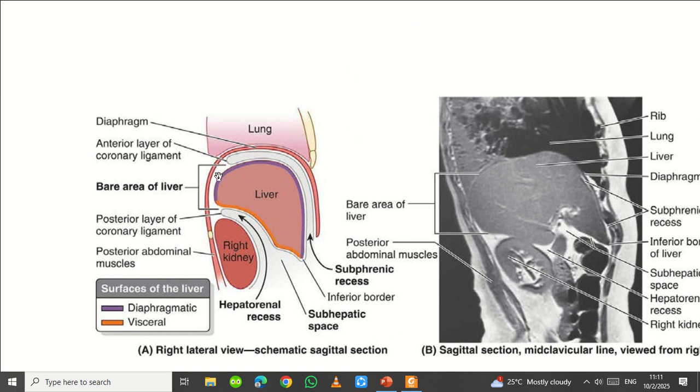So above the liver and at the superior and anterior border, you're going to have a subphrenic recess, which is made by the fold of peritoneum. And take note of this. This subphrenic recess is divided into right and left by the falciform ligament.